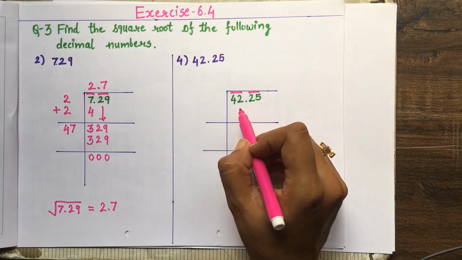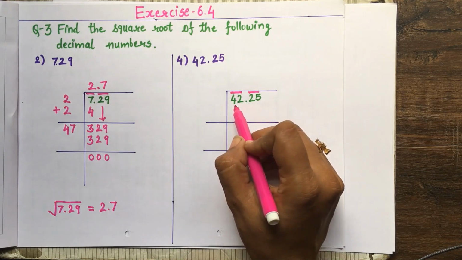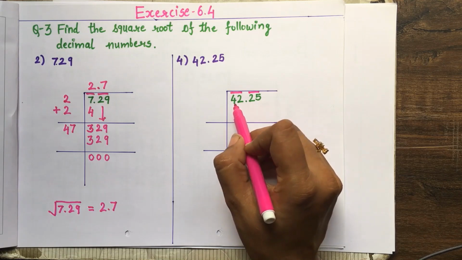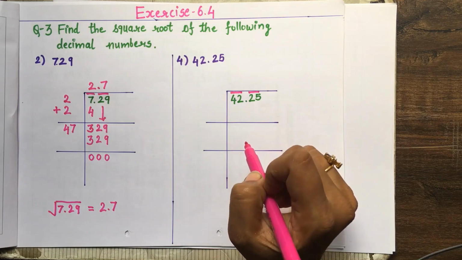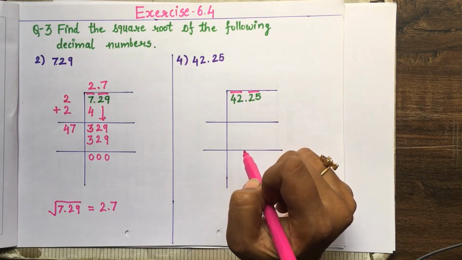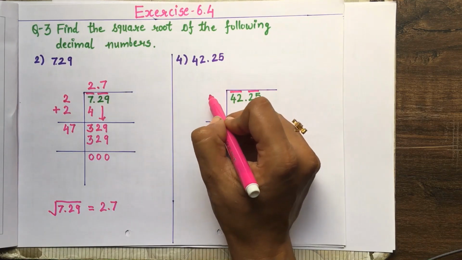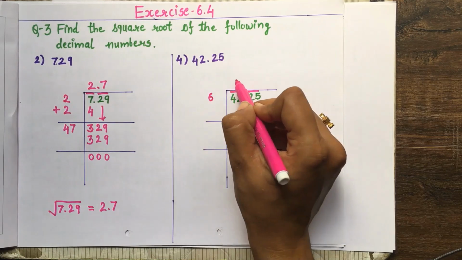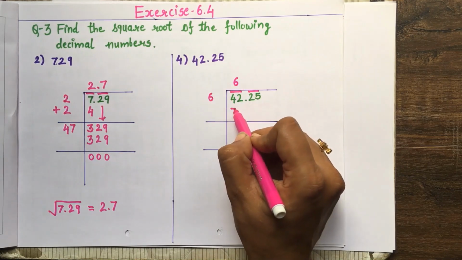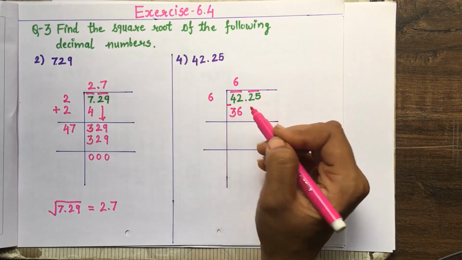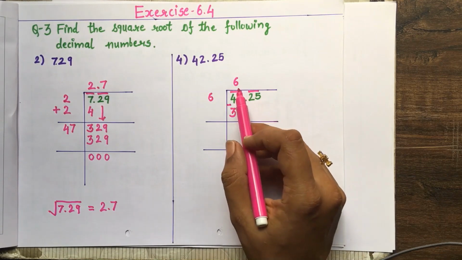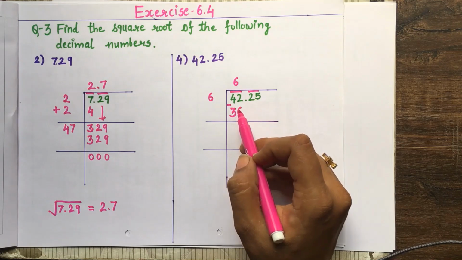Now, searching for the perfect square number which is smaller than 42, the number is 36, that is 6 6s are 36. So we start with 6: 6 6s are 36, and we take the difference of 42 and 36.